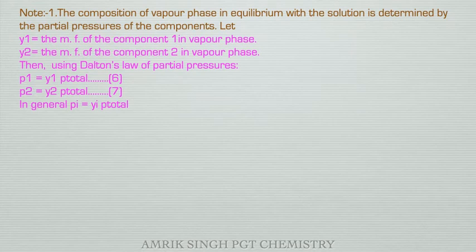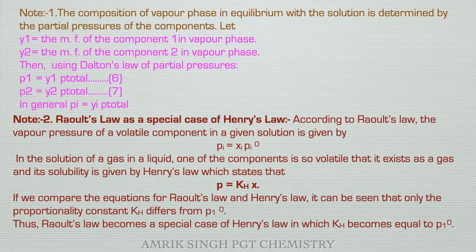Let y1 be the mole fraction of component 1 in the vapor phase, y2 the mole fraction of component 2 in the vapor phase. Then using Dalton's law of partial pressure, P1 will be equal to y1 P total, and P2 will be equal to y2 P total. In general, we can say Pi is equal to yi multiplied by P total. And note Raoult's law as a special case of Henry's law.